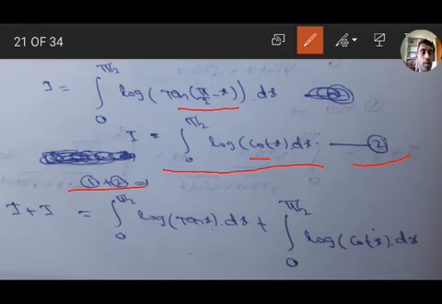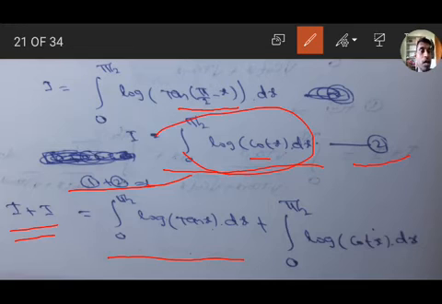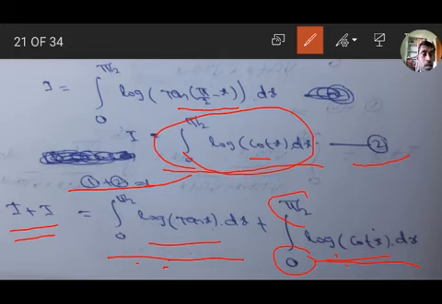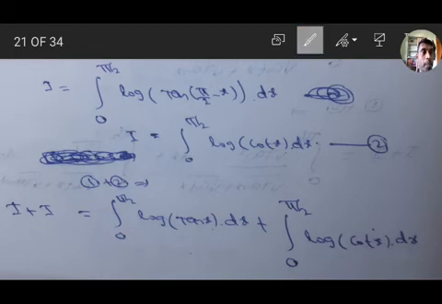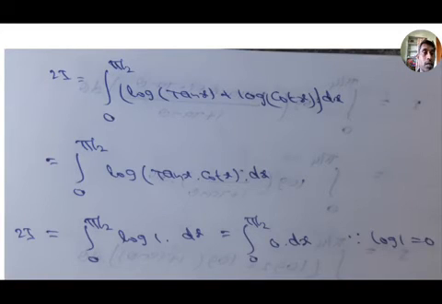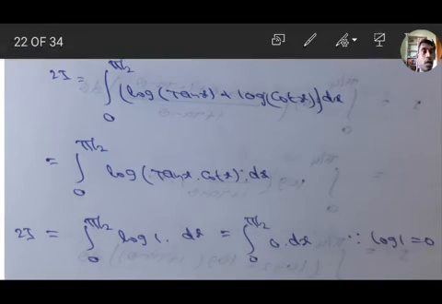So adding equations 1 and 2, I plus I equals the integral from 0 to pi by 2 of log of tan x plus the integral from 0 to pi by 2 of log of cot x, the second equation. The sum of two functions can be written in one integral, log of tan x plus log of cot x, only one integration because the limits are the same. So 2I equals the integral from 0 to pi by 2 of log of tan x plus log of cot x dx.